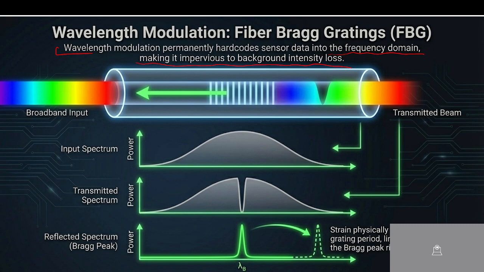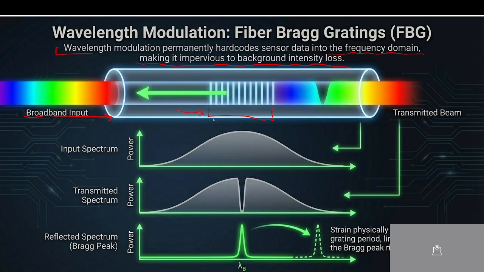You can see here that a transmitted beam from this side is propagating towards this side. This is the input side. This is the transmitted beam, propagating, and here we have the FBG grating.